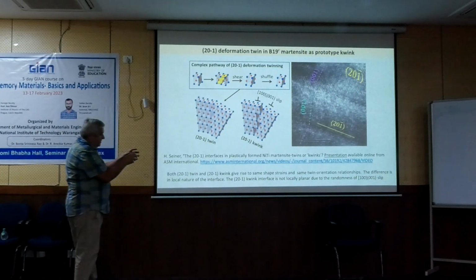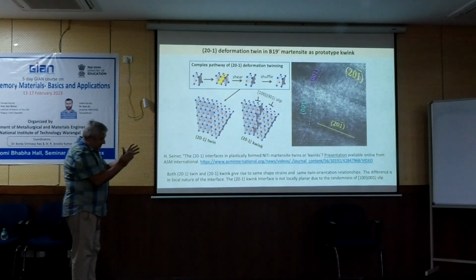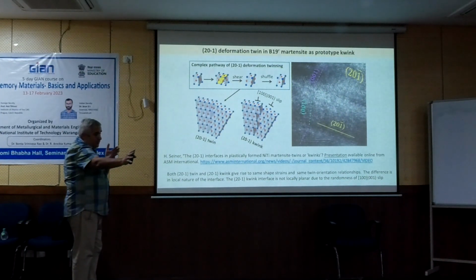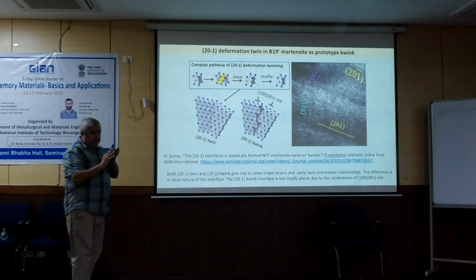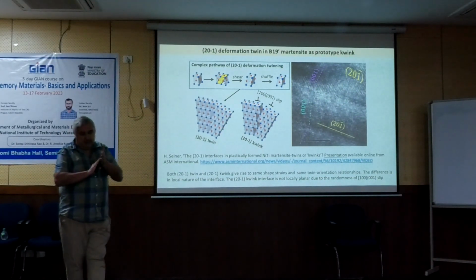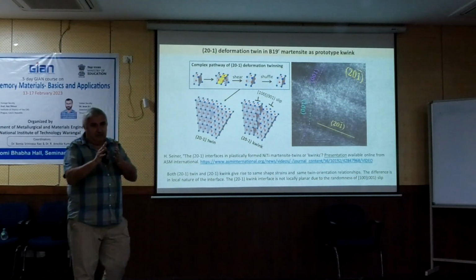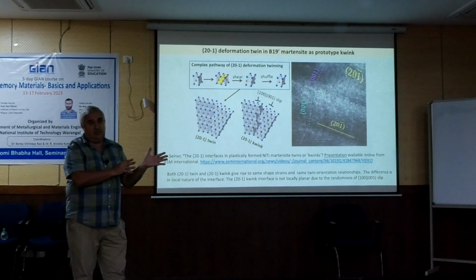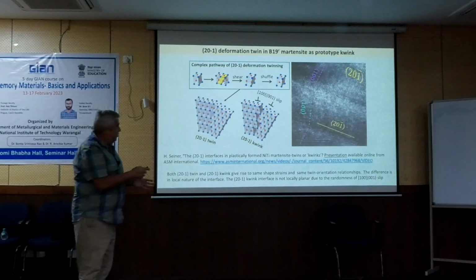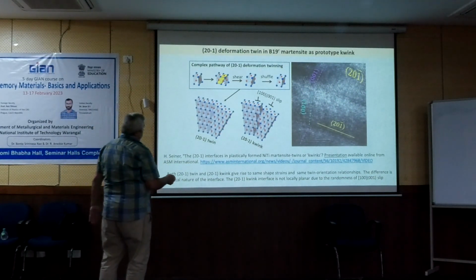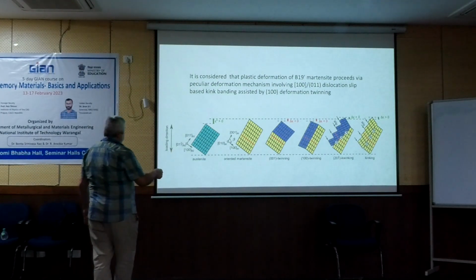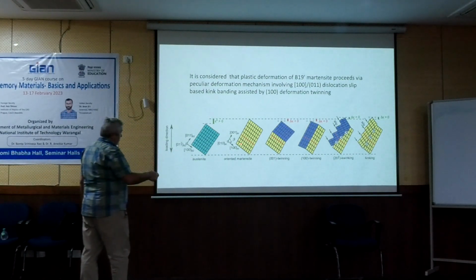So there would be a twin, which means that there will be a particle which goes through the material, but the narrow twin which is here will immediately deform plastically by dislocation slip. This is possible. This is what happens in these geological materials. So what we will have is suggested in this scheme.